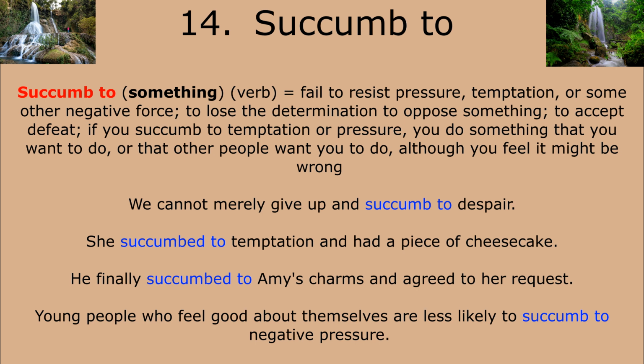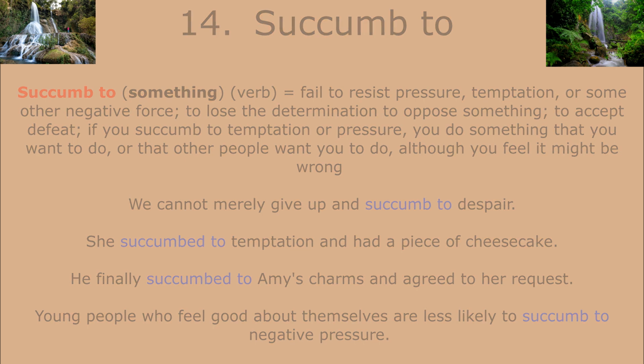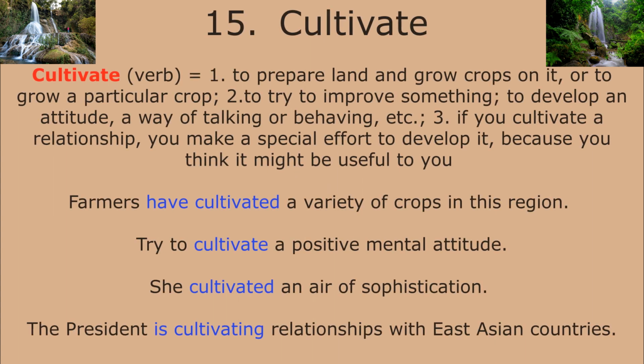Let's proceed with our lesson. And the next word on the list is the word to cultivate. To cultivate means to prepare land and grow crops on it, or to grow a particular crop. But this word also has some other meanings.